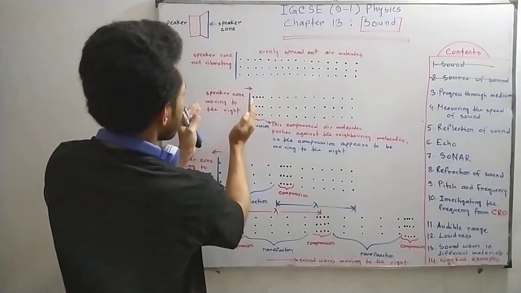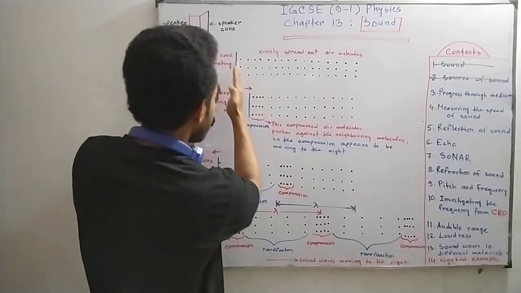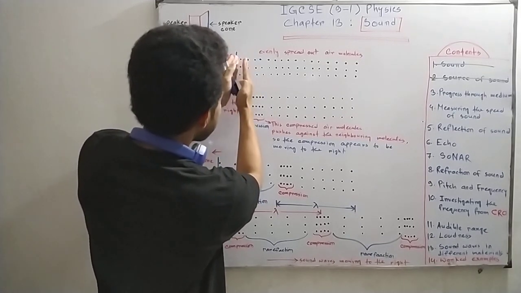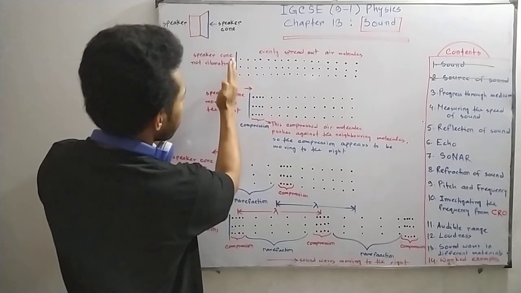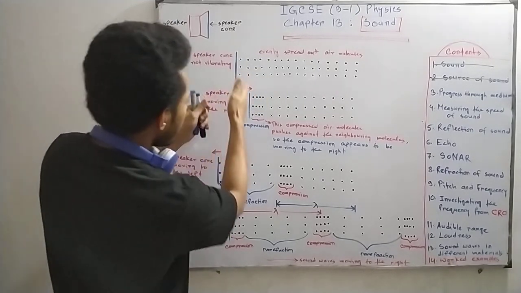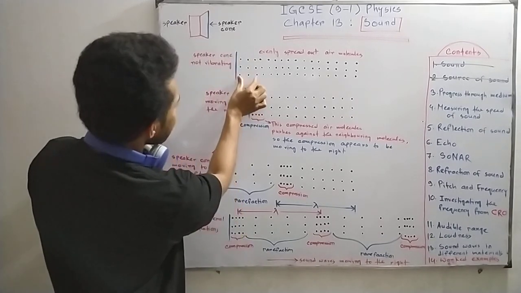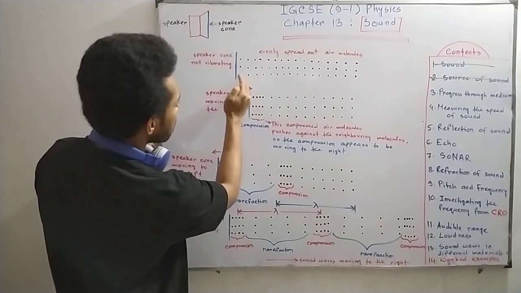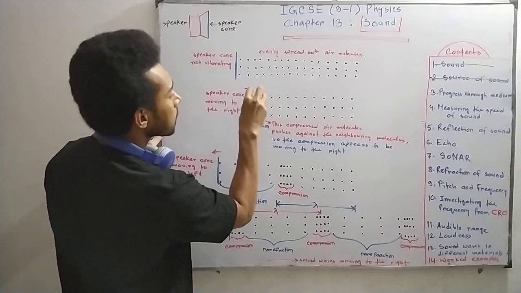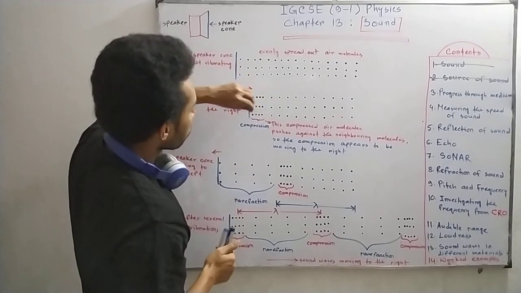For example, we are considering the speaker cone first vibrating to the right, then left. When the speaker cone moves to the right, it will compress the air molecules closer to the speaker cone. Look at the diagram: it produces a region of compression where the air molecules are compressed. This region is called compression.